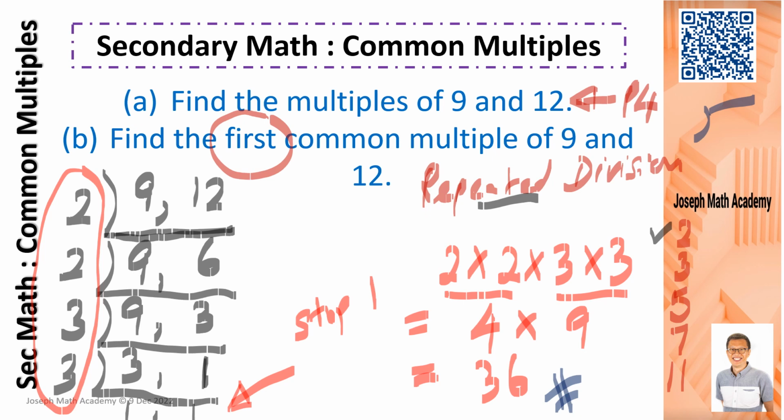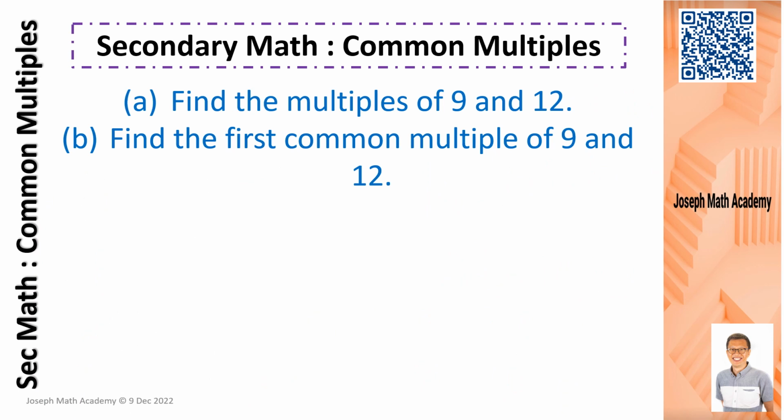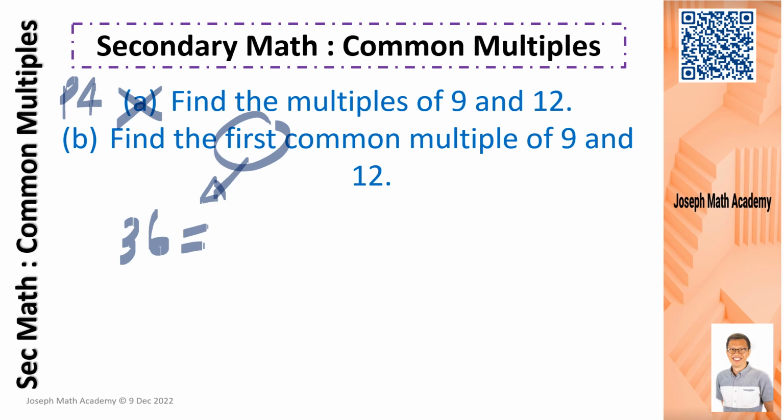Now I will show you in my next slide how to write this using index notation. This one is omitted because it was done in P4 using the P4 way. Now this one we have already gotten our answer. It's 36, right? So 36 is our answer, obtained from 2 times 2 times 3 times 3.